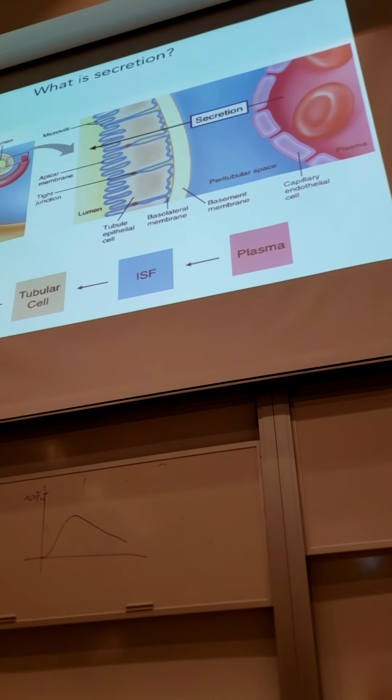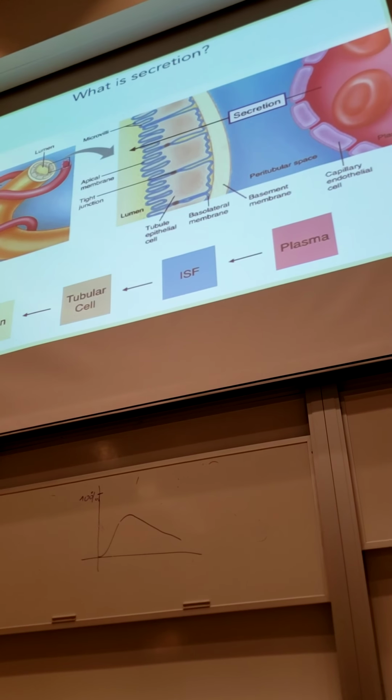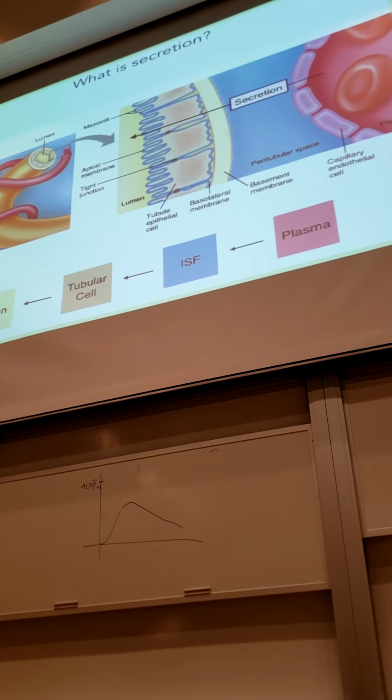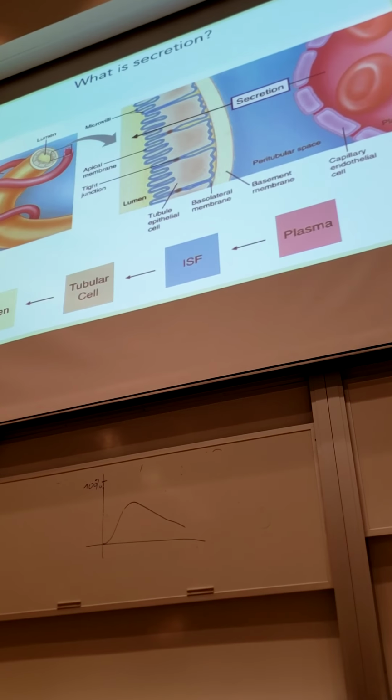All right, what does that process look like? It's pretty much the same thing. We're moving substances from the blood into the tubular fluid. The way that it works generally is that we will have some type of transporter on either side of the cell, okay?